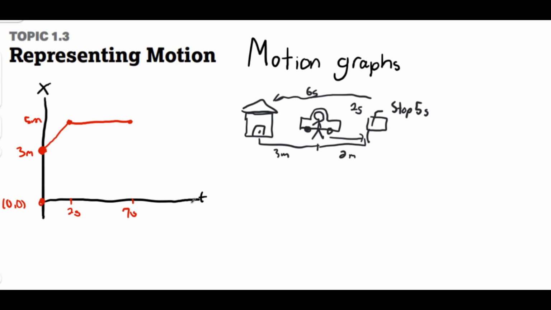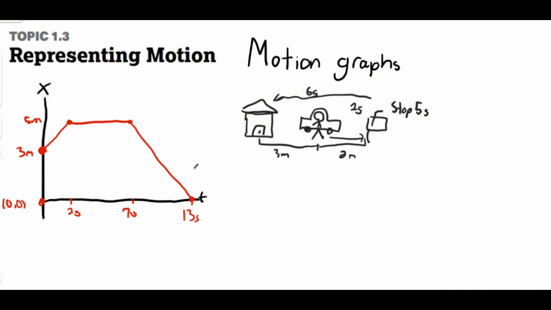So house is 0. 6 seconds for a total of 13 seconds here. This is going to be where we're at. So this is our graph. We start at 3 meters at 0 seconds, take 2 seconds to get to 5 meters, spend 5 seconds paused, and then we spend 6 seconds going 5 meters back to the origin.